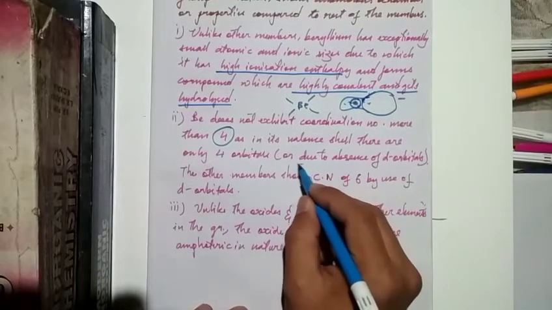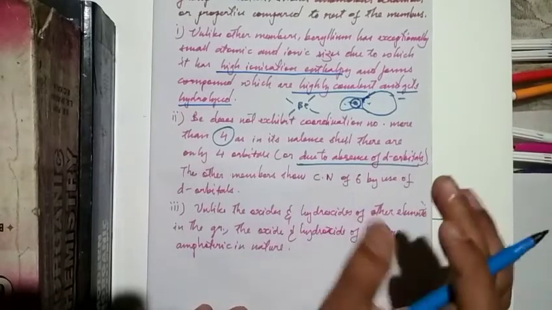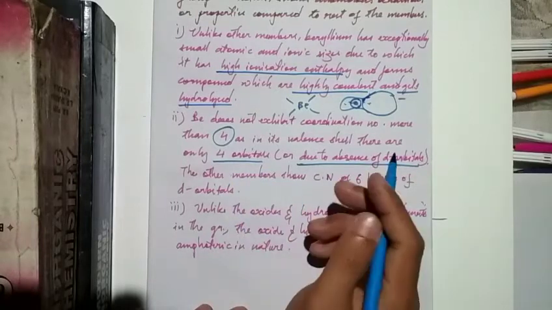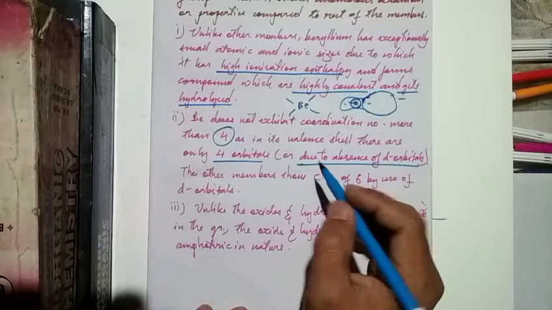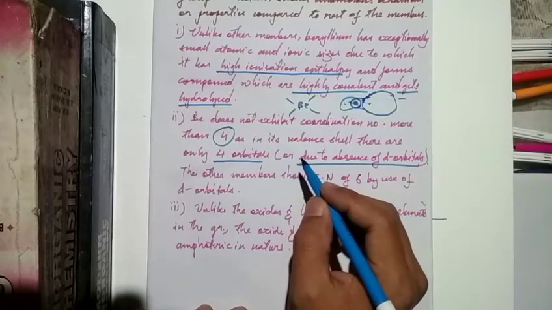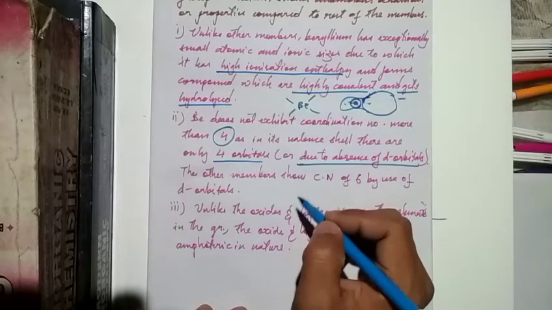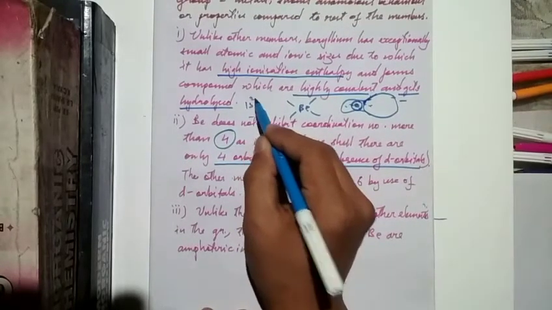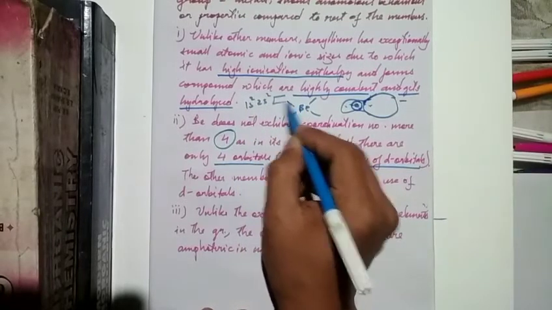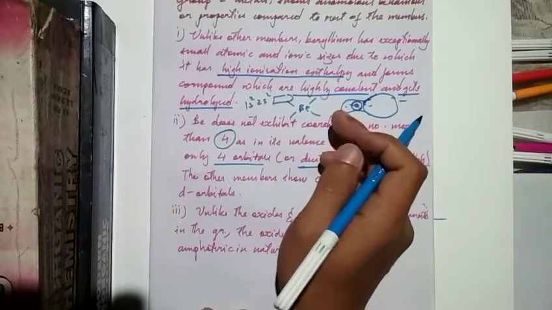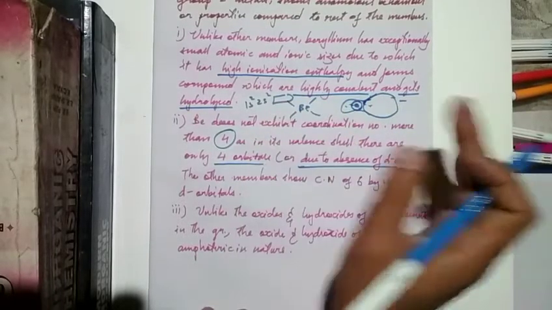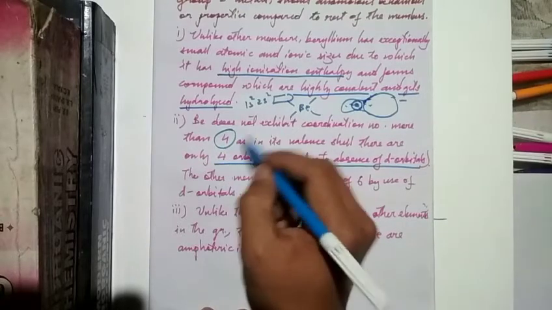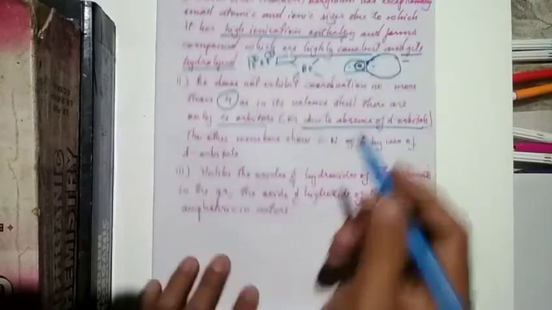The reason is the absence of d orbitals, or we say there are only 4 orbitals in beryllium. In beryllium we see 1s2, 2s2. There are no d orbitals or even p orbitals, and because of that it will form only up to 4 bonds, in which these 4 electrons will be involved.